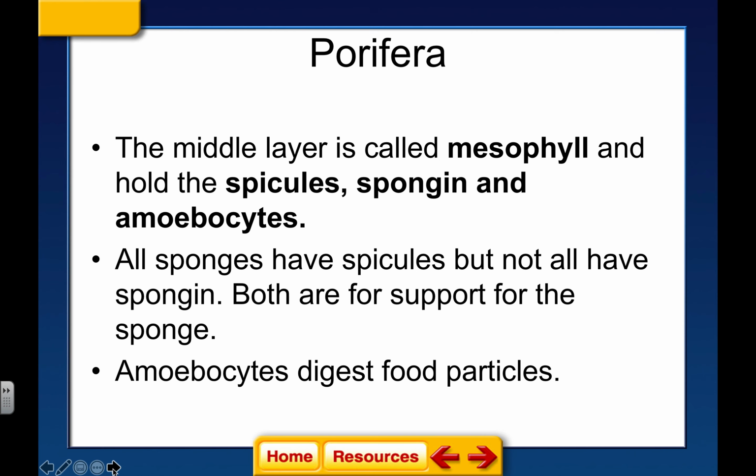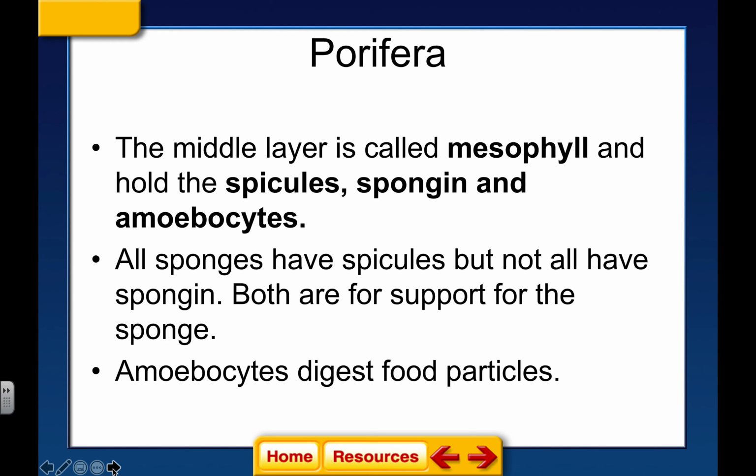Now the middle layer, because there's going to be an inner layer, middle layer, and outer layer. The middle layer is called mesohyl. Meso means middle. And in this layer, there are three things: spicules, spongin, and amoebocytes. All sponges, no matter what species, have spicules.